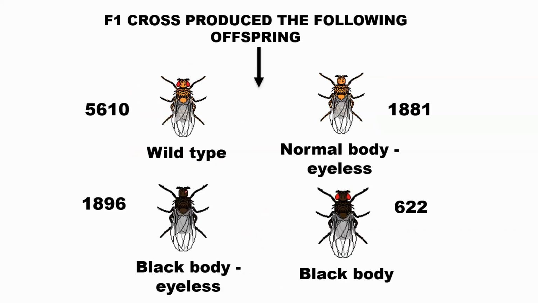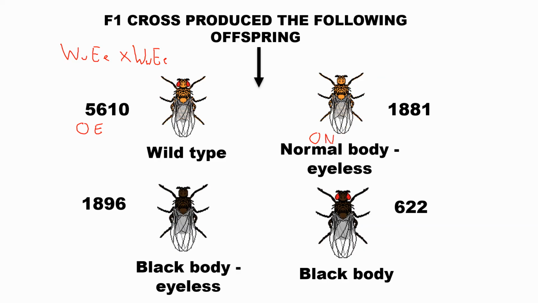And then now, when you cross heterozygous offspring, this is what you get. Okay? You get 5,610 of the normal wild type, which of course means orange with eyes. You get 1,881 orange with no eyes.